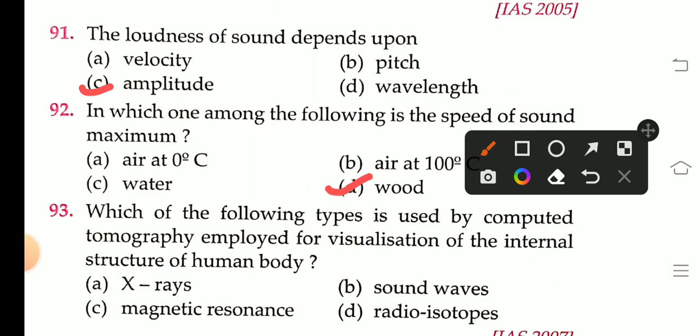Next, which of the following types of radiation is used by computed tomography employed for visualization of the internal structure of human body? Right answer option A, X-rays.